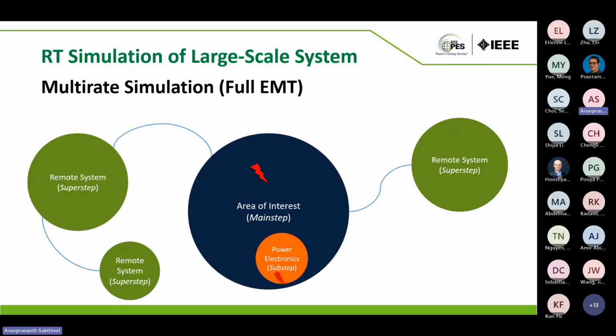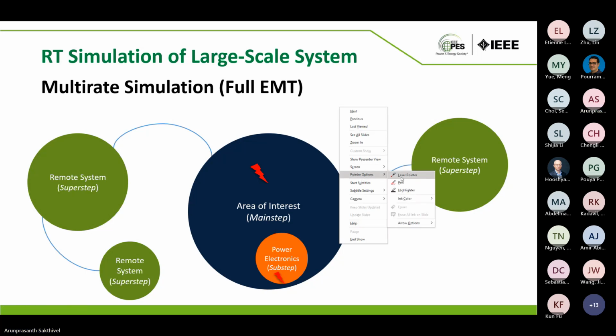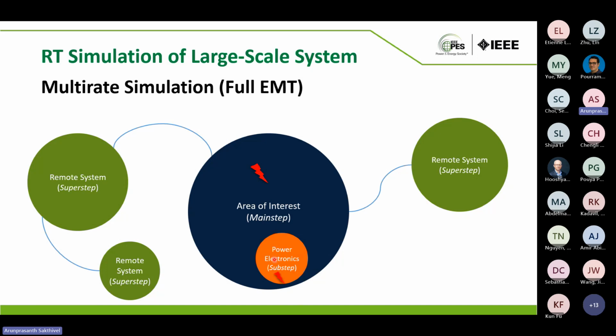Okay, so coming back to real-time simulation of a large-scale system. When we take a power system, we could divide it into different areas, where we specify an area called the area of interest, where we are going to apply some transients like faults or breaker switching, and that is also going to include power electronics.